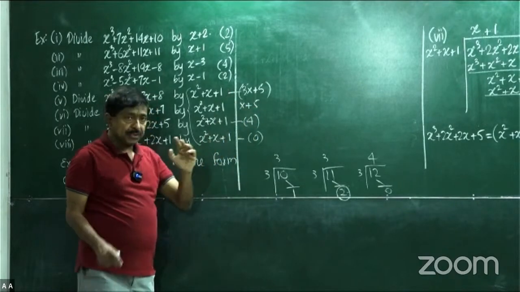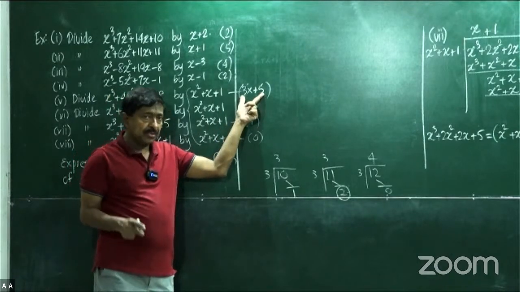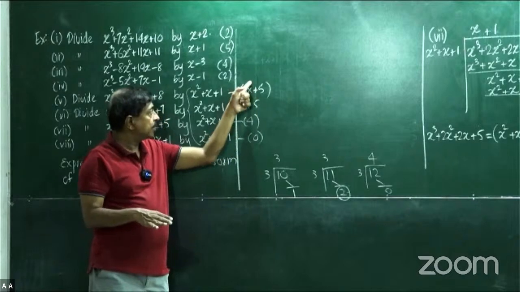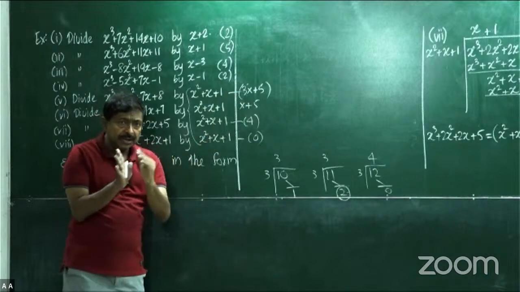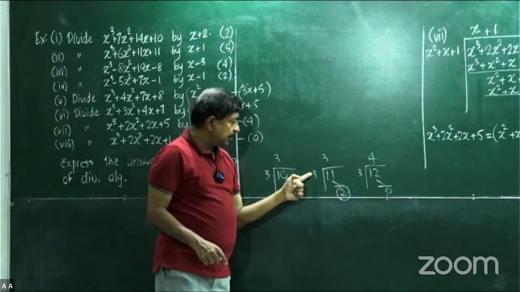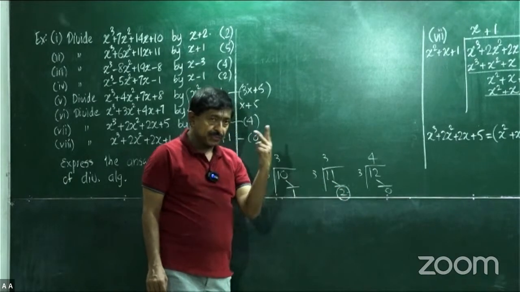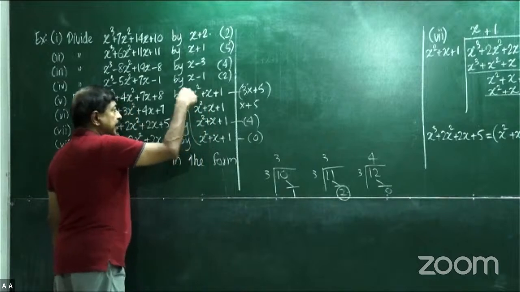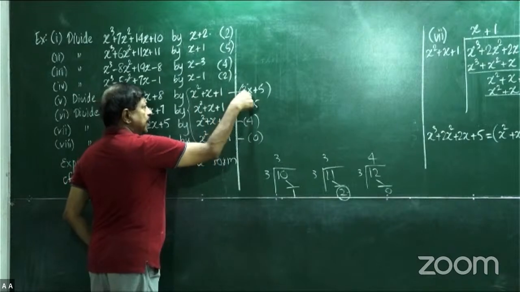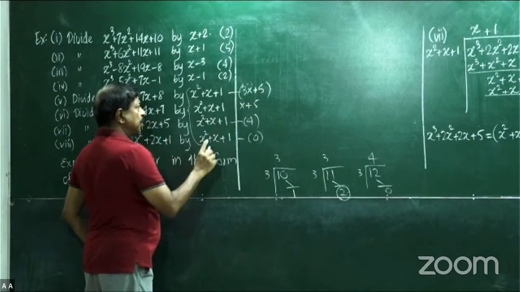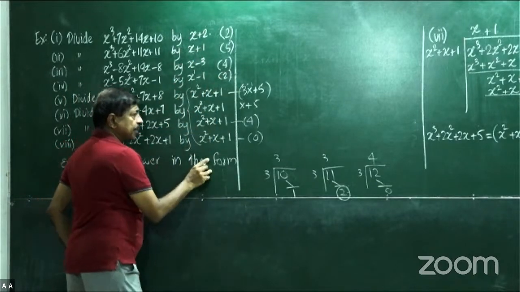But at most, the largest possible degree you have for the remainder is 1. So when the divisor's degree is 2, it is 1, which is 1 less. It is the same thing: when the divisor is 3, the largest possible remainder is 2, 1 less. Here, when the degree of the divisor is 2, the largest possible power you get for the remainder is 1. When it is 1, the first power, for the remainder you get a constant.